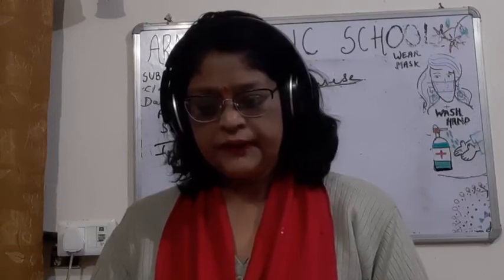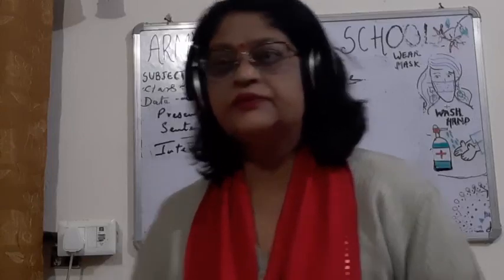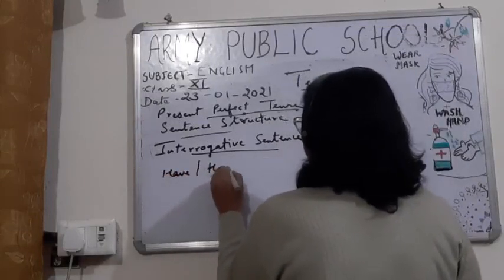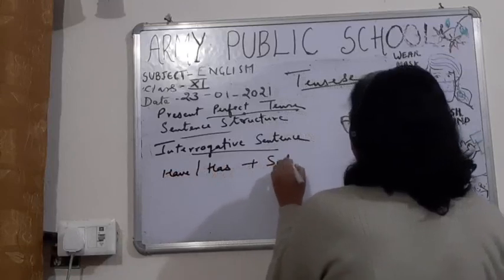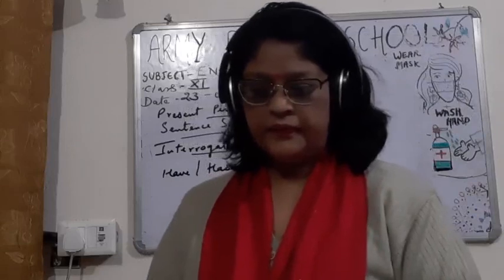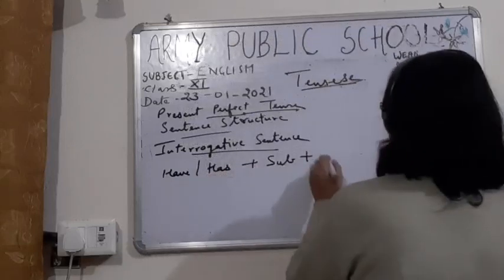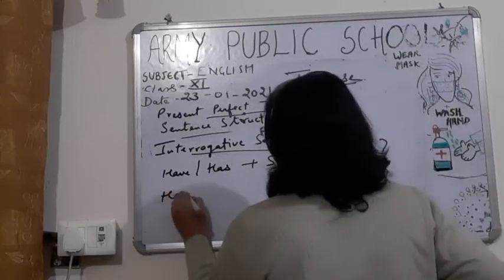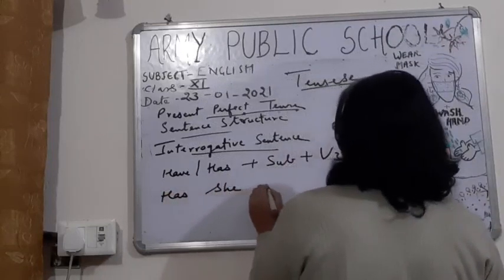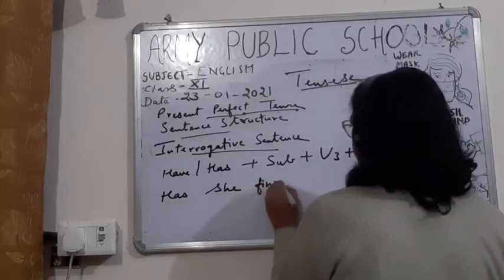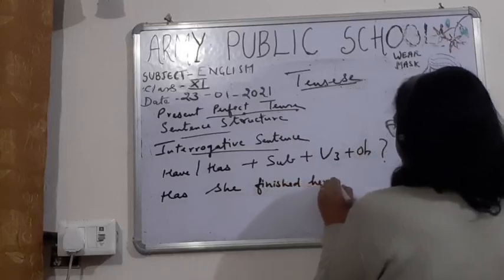So, present perfect tense interrogative sentences: has or have plus subject. Has she finished her work?